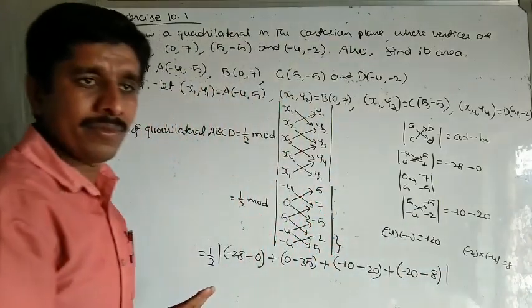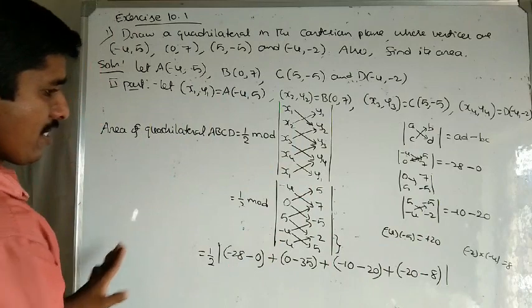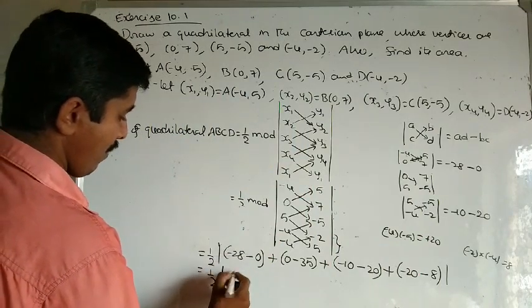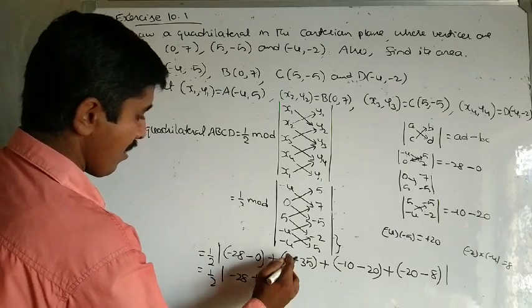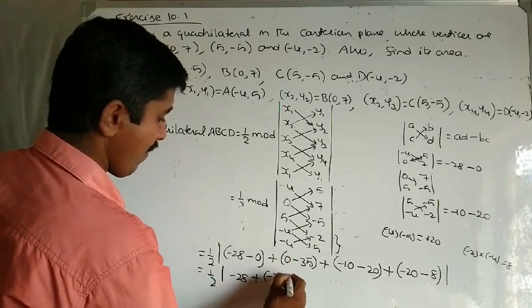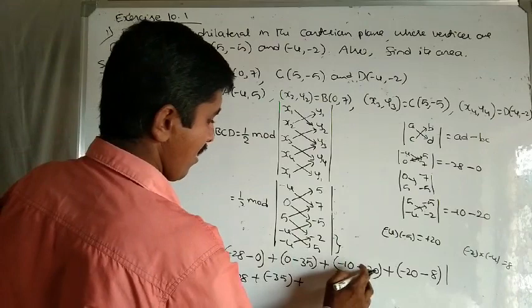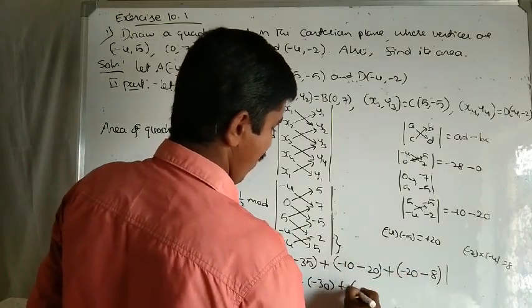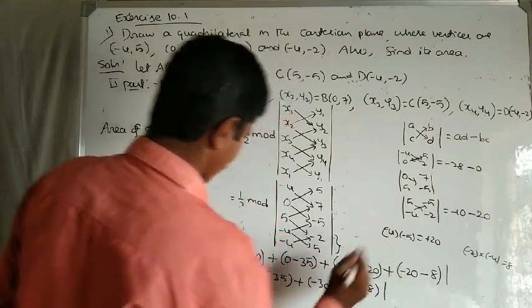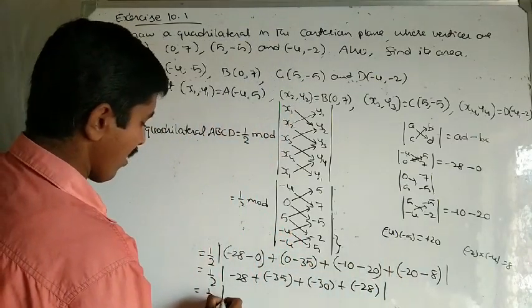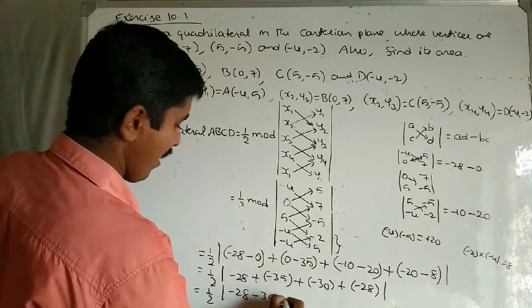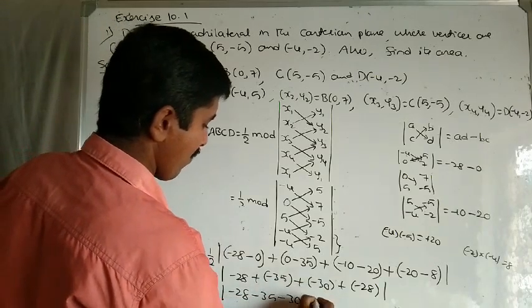Modulus. Very important. Next, simplification. Half into modulus of minus 28 minus 0, minus 28 plus 0, minus 35, minus 35, plus minus 10, minus 20, minus 30, plus minus 20, minus 8.